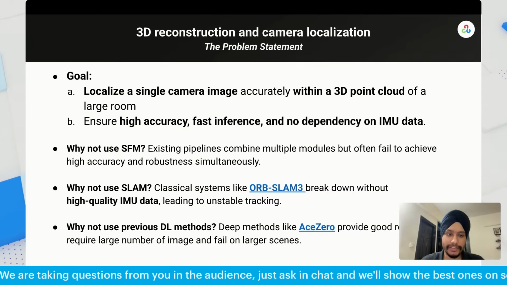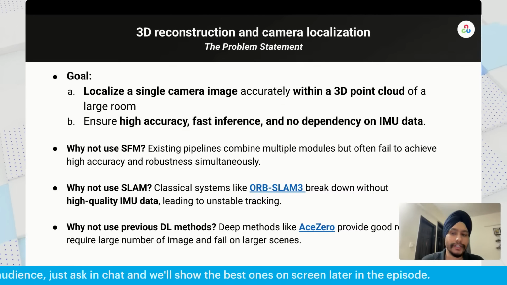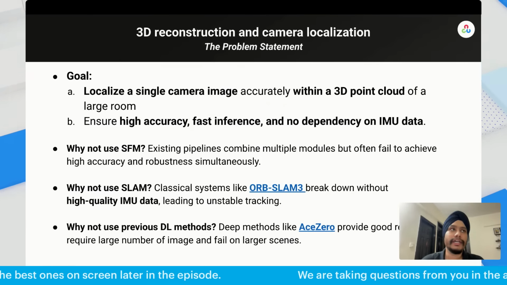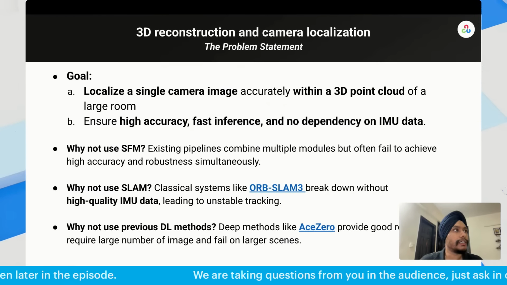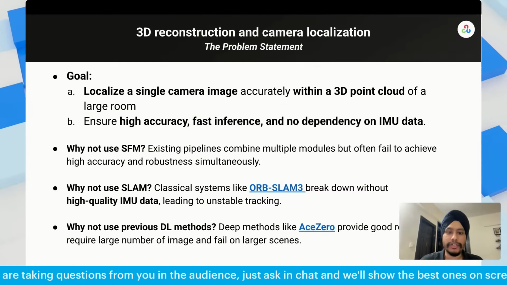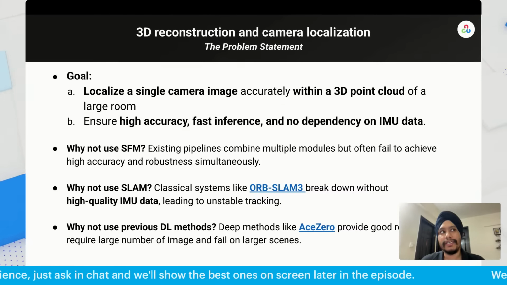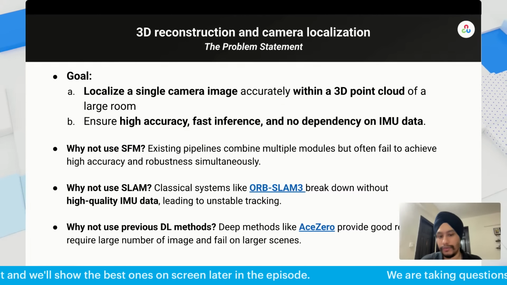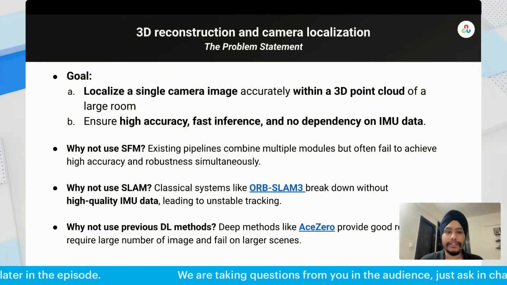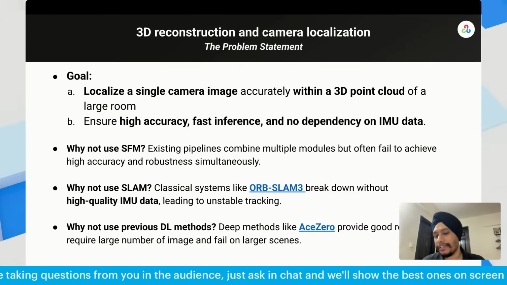Because existing pipelines combine multiple modules, but often fail to achieve high accuracy and robustness. 3D reconstruction fundamentally involves detecting key points across multiple frames which are common to each other, and then you can theoretically, as we'll also go through, use something called triangulation to determine the 3D position in a global space. That's the fundamental of 3D reconstruction.